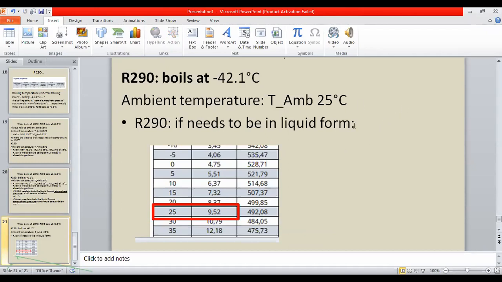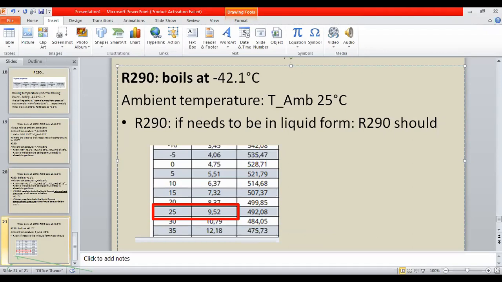Yes. R290 should be pressurized above, okay, let's say up to 9.52 bar.